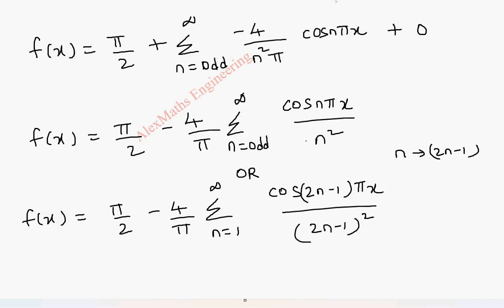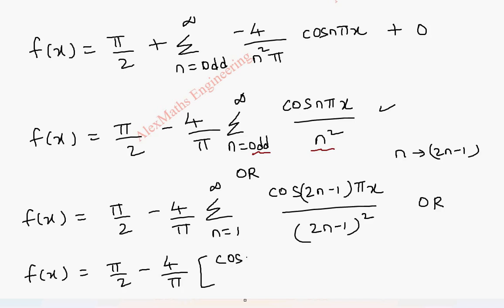We can leave the answer like this or like this, or even we can go for expanding this series, that is f of x equal to pi by 2 minus 4 by pi open bracket, and continuously we have to place the odd number for this n. When I place 1, it is cos 1 pi x by 1 square.